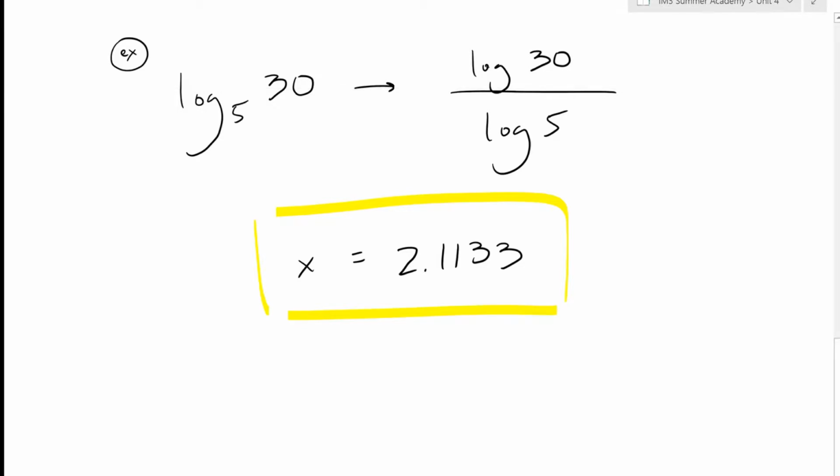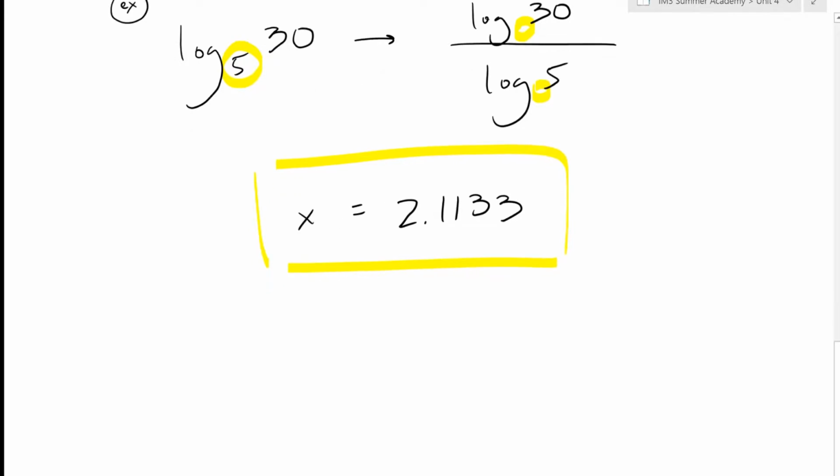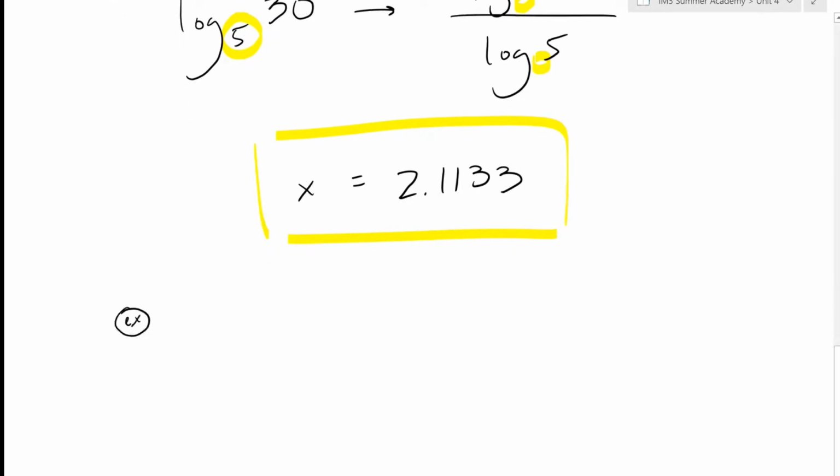Okay, so this is the change of base formula. What that means is originally this one had a base of 5, and we're changing it now to the base of 10, the invisible 10 right there. We're changing the base. This is the formula that does it. We are skipping steps, but that is the theory behind it. So let's say we had log base 6 of 216. That has a base of 6.